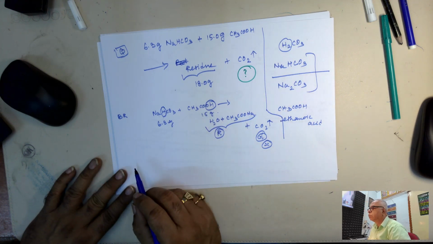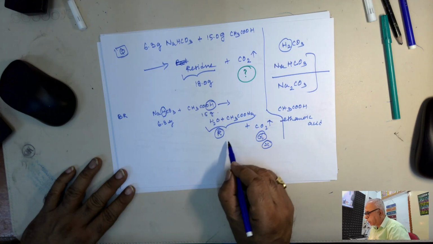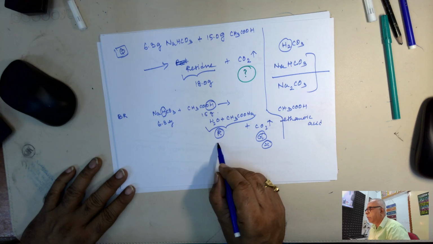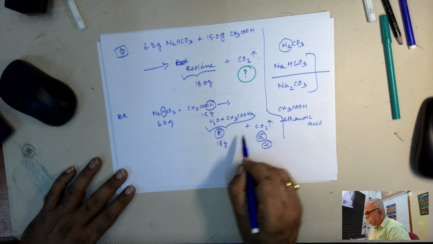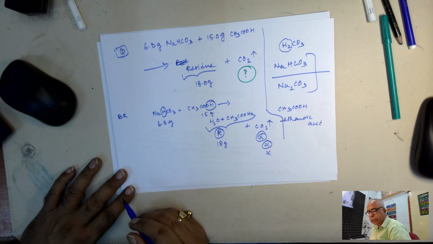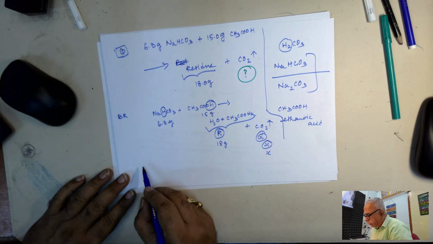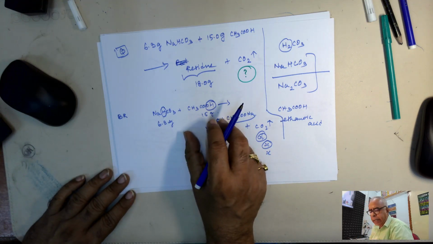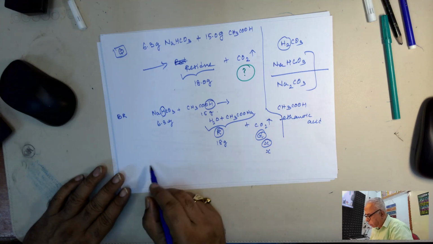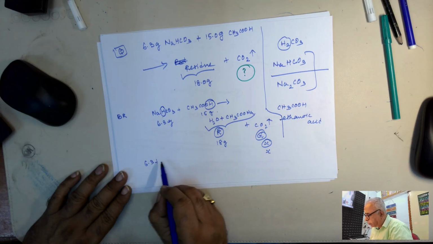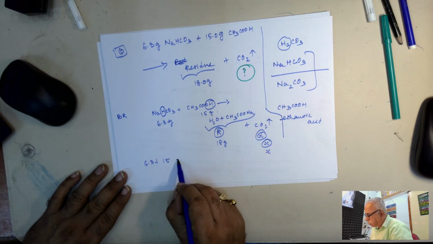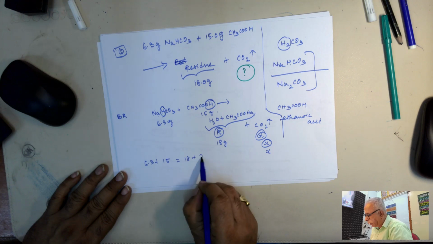And what about the residue? That is 18 gram. And what about this? X gram. So simply by equating the sum of reactants and the sum of products: 6.3 plus 15 gives 18 plus x.